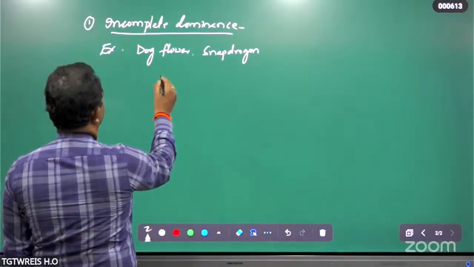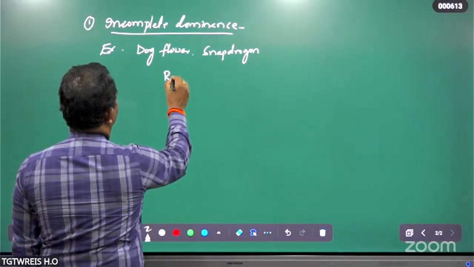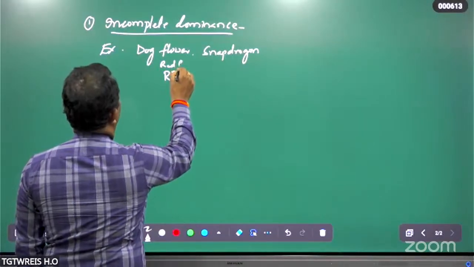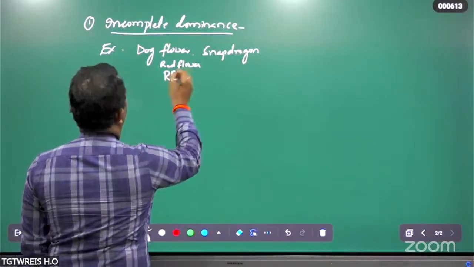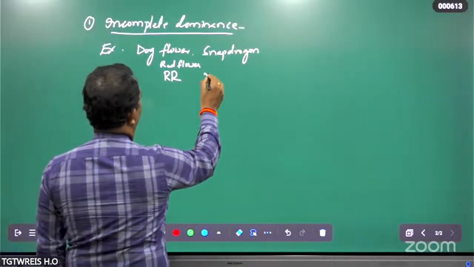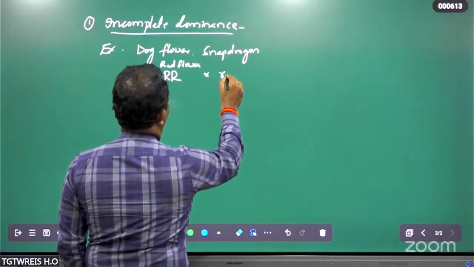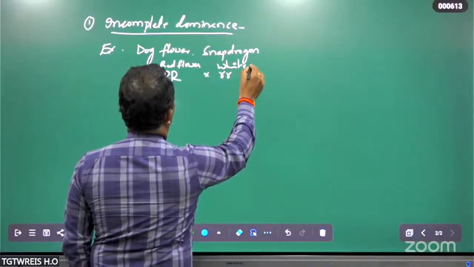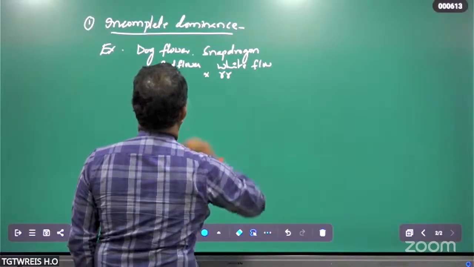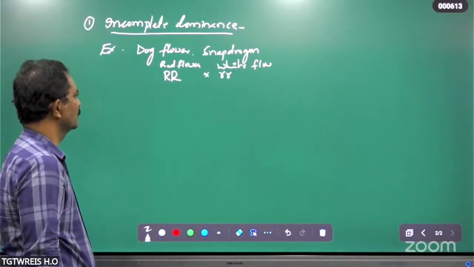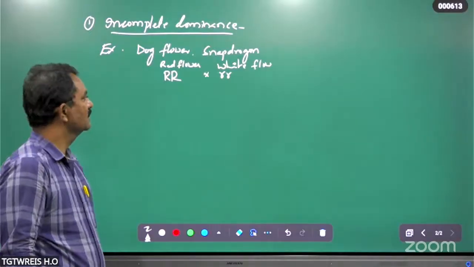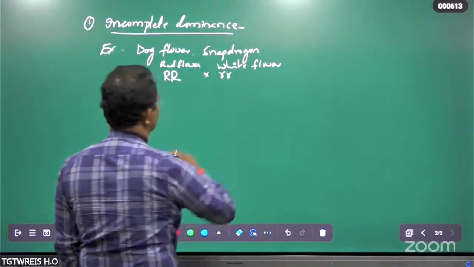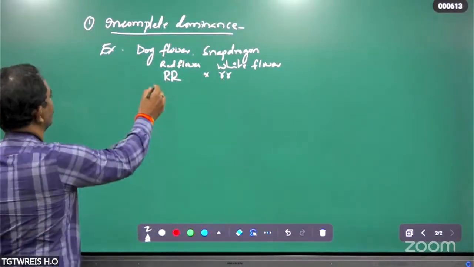Snapdragon, the dog flower, shows incomplete dominance. Cross a pure red flower plant with a pure white flower plant. These are all homozygous; these are the parents.